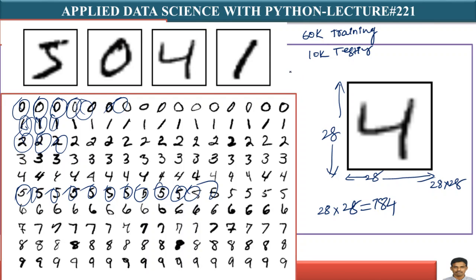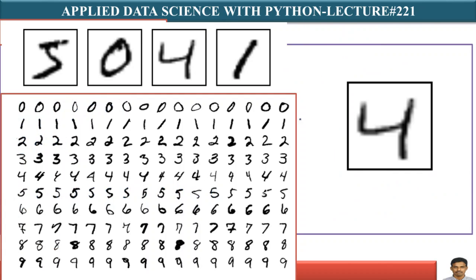If you recall your IRIS data set from lecture number 206, I think it is a four-dimensional data set. What is the dimension of the IRIS data set?